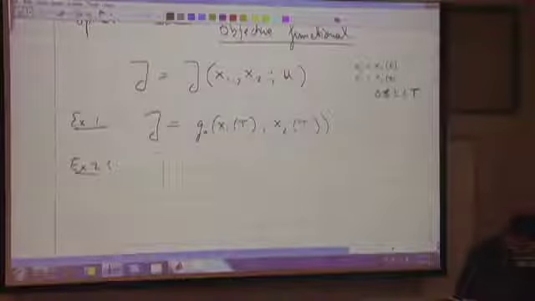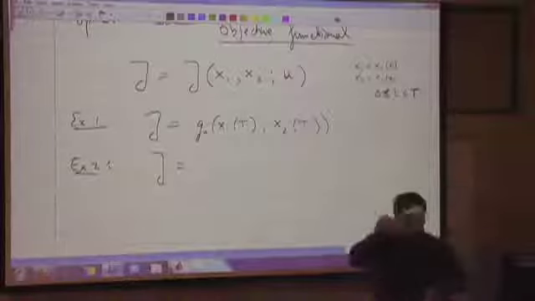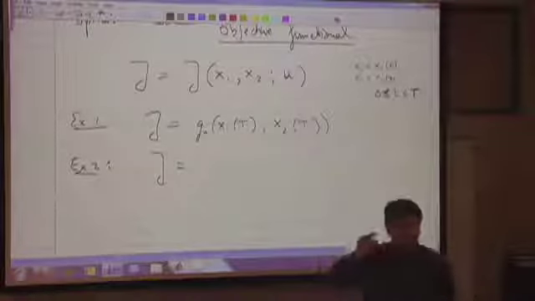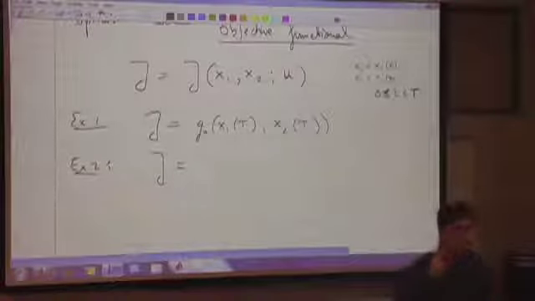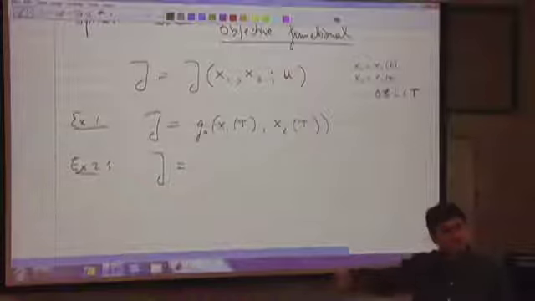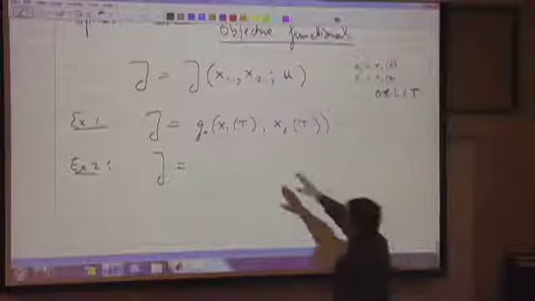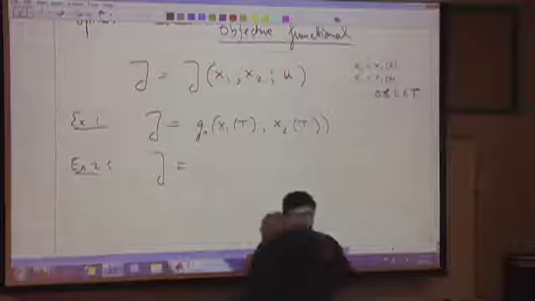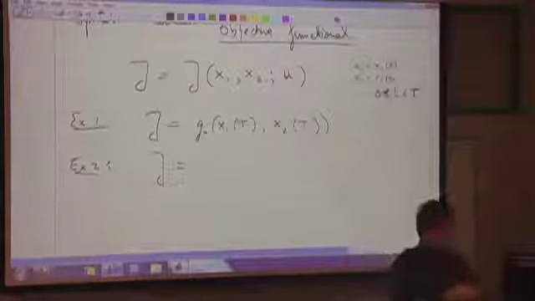Think about that cancer chemotherapy problem. What was the objective function there? To maximize the value of one of the components at the final time. So that would be a true function of that value, right?